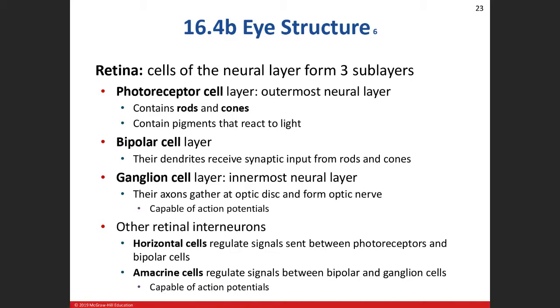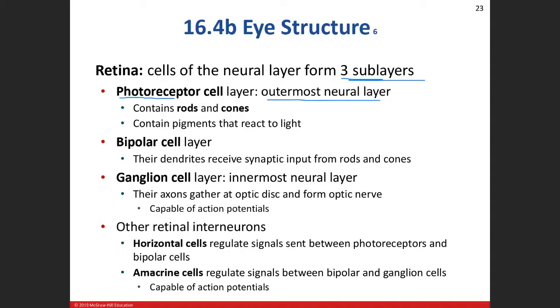In the receptor layer, and I know I'm going to sound like a broken record because we'll talk about this more in detail when we talk about the retina, there are 3 sublayers to this. We're going to repeat most of this in lecture. We have the photoreceptor layer. This is the outermost.